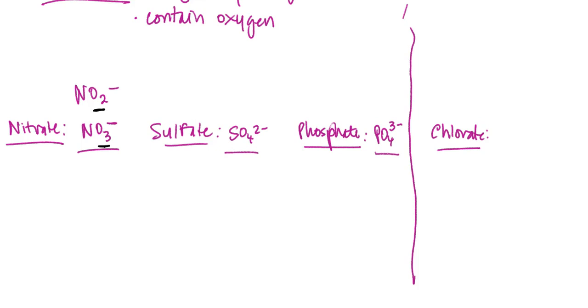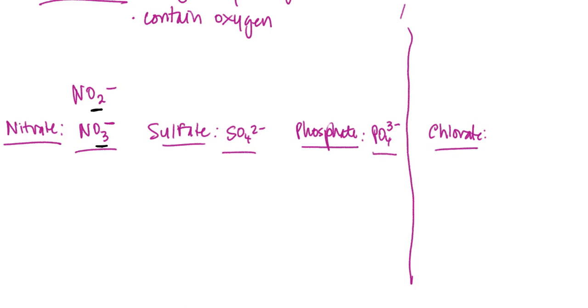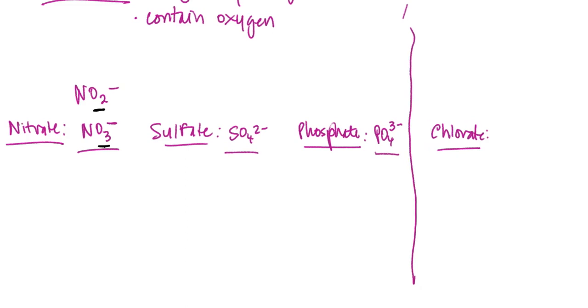When it comes to naming these polyatomic ions, the ion that has one oxygen less than the ion that ends in the ATE suffix gets a very similar name, except it's going to end in an ITE suffix instead. So I would name NO2- nitrite, since it has one less oxygen than nitrate.